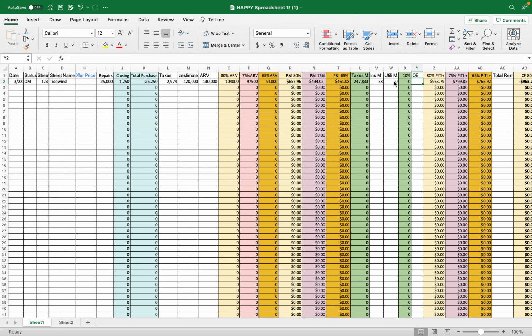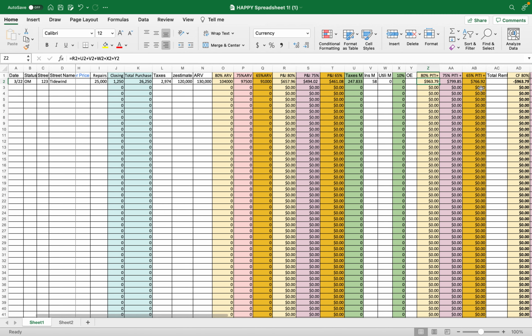And then once you have your other expenditure, each loan product now has PITI plus. That little plus includes the 10%, it includes utilities, and it includes any other additional expenditures. So now this is my total bill for that property every single month.